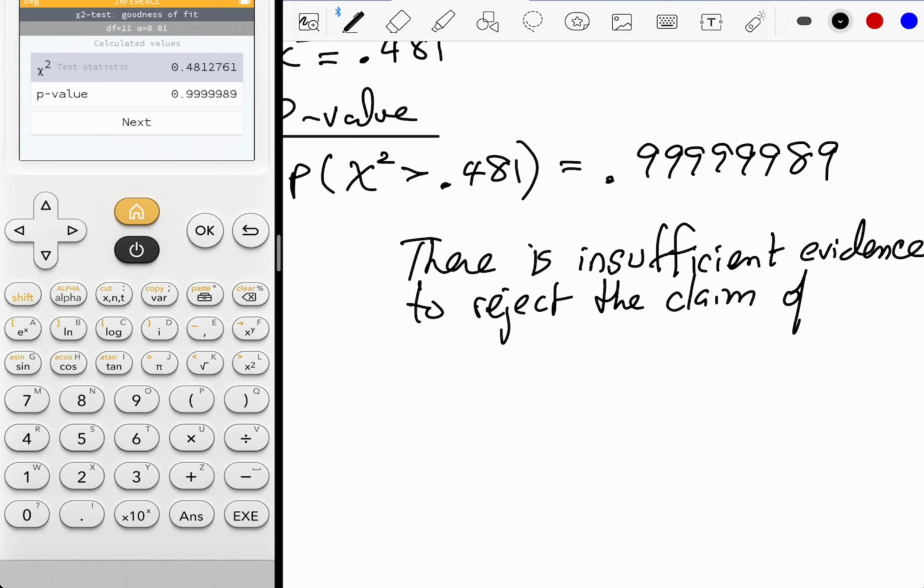Of the null hypothesis. I really don't want to state that there is insufficient evidence to reject the claim that the population proportion for January is the same as the population proportion for February, for March, for April, and so on.